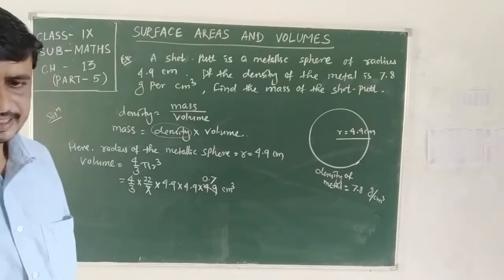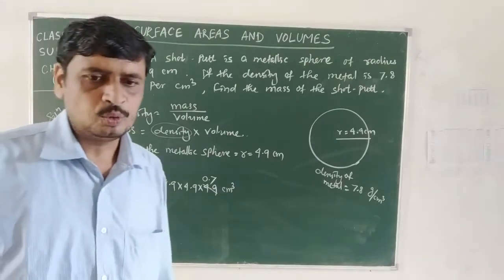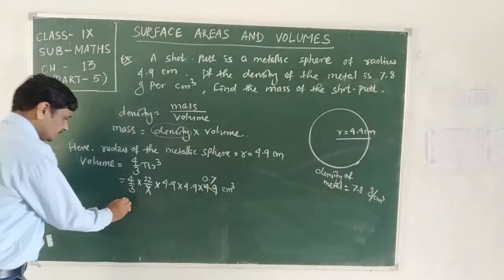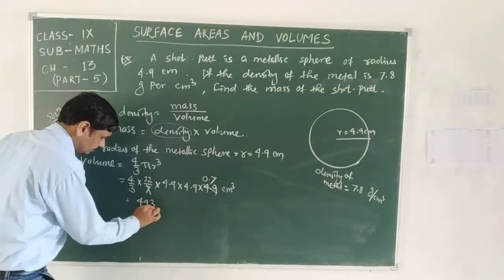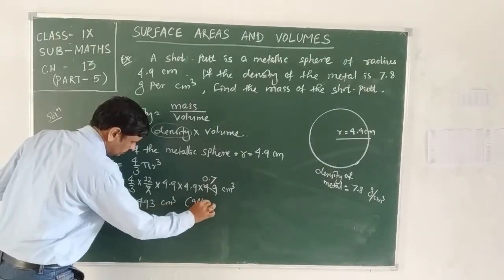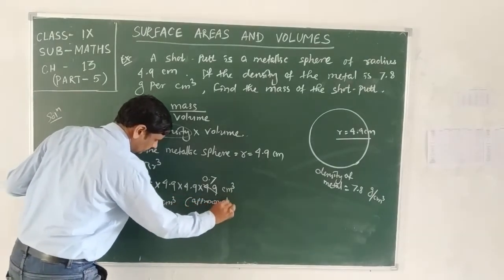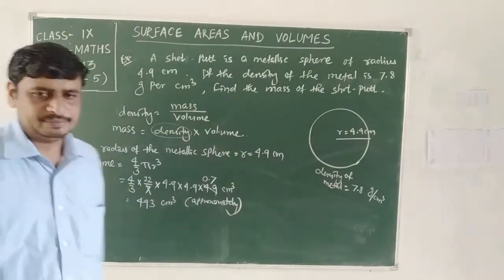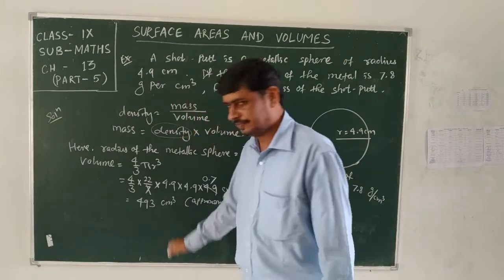Now it becomes 493 cm cube approximately. Approximately it is 493 cm cube, nearly equal to 493 on rounding.